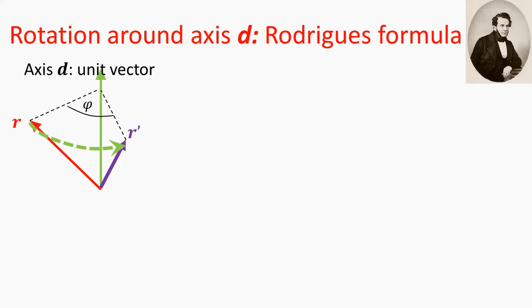This assumption will simplify our formulae. So we are looking for a formula for rotation, which means that from position vector r, a new vector r prime is created that represents the rotated version of r around axis d with angle phi.